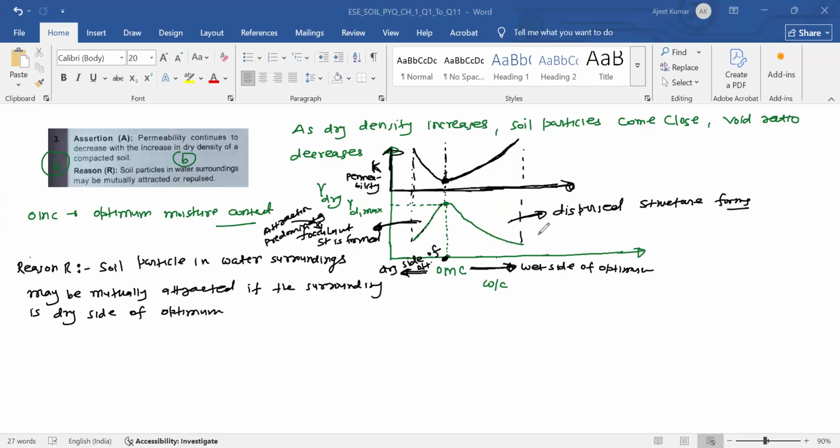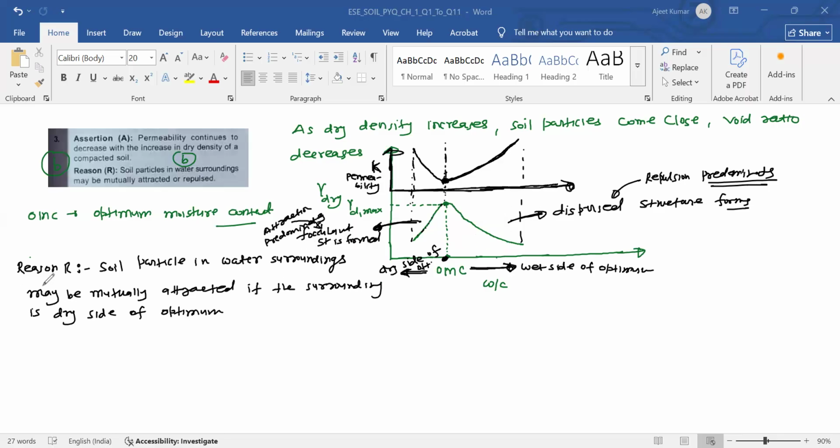And on the wet side, repulsion predominates.